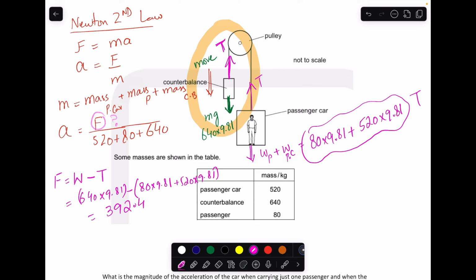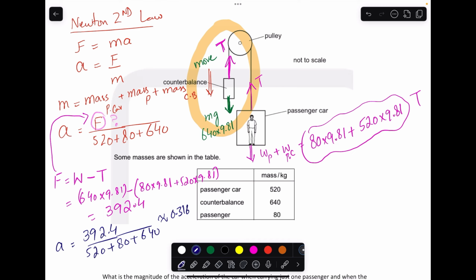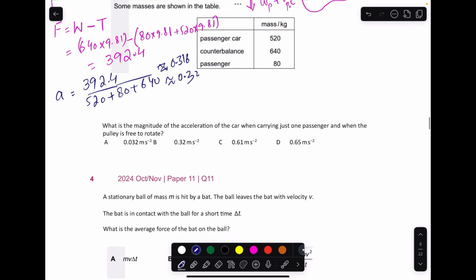Substituting this value of F here, you will get a equals 392.4 divided by this whole mass. That will give you 0.316, which is nearly 0.32. So the option is B. B is the right option.